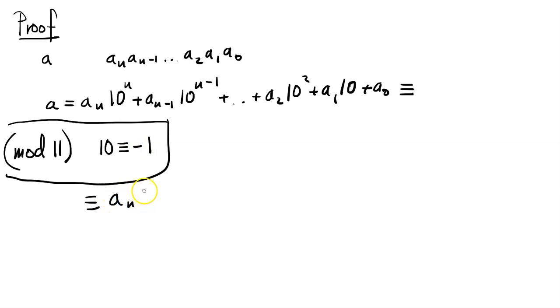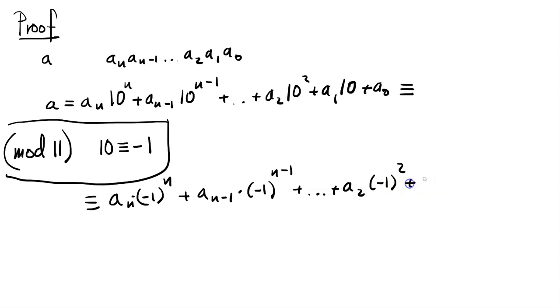So we have that here is minus 1 raised to the power n, multiplication. And then we have an minus 1 times minus 1 to the power n minus 1, and then down to this, here is a1 times minus 1, plus a0.